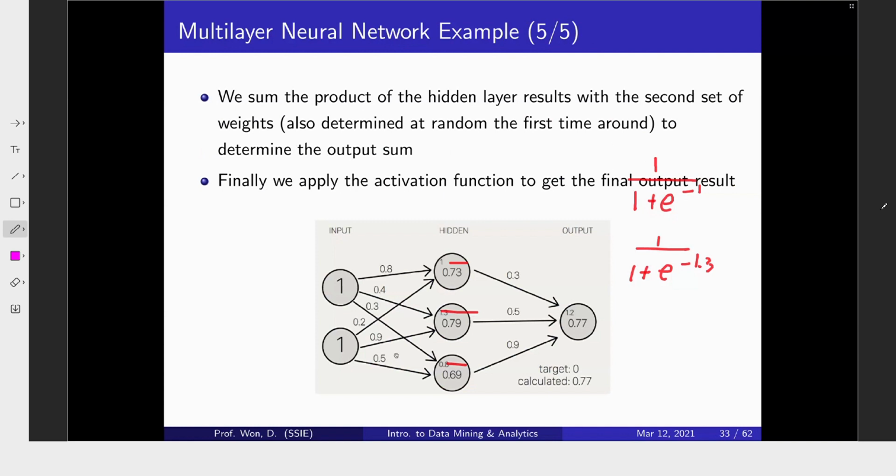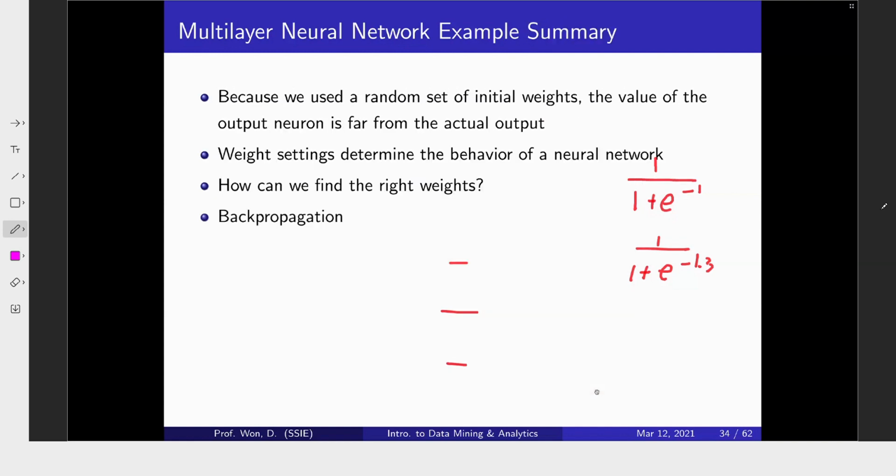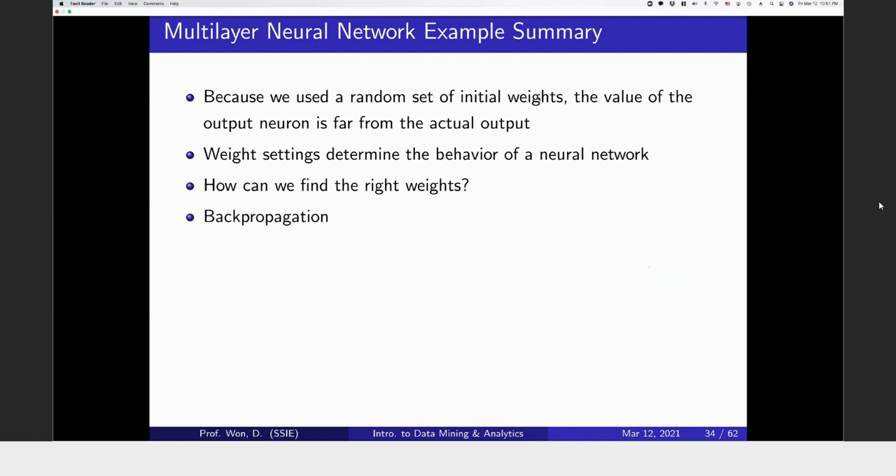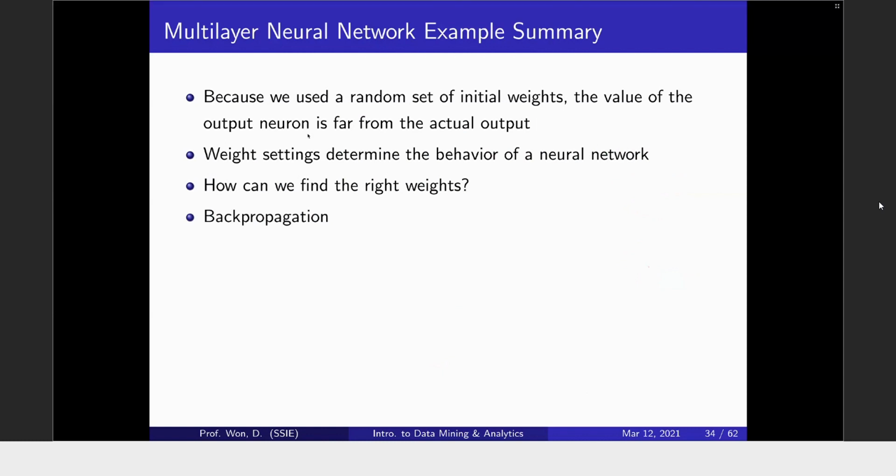However, if we choose all these weights nicely, very nicely, then maybe our target outcome and the calculation are going to be very close. So here is the thing. We use a random set of initial weights, then the output neuron is a little bit far from the actual output.